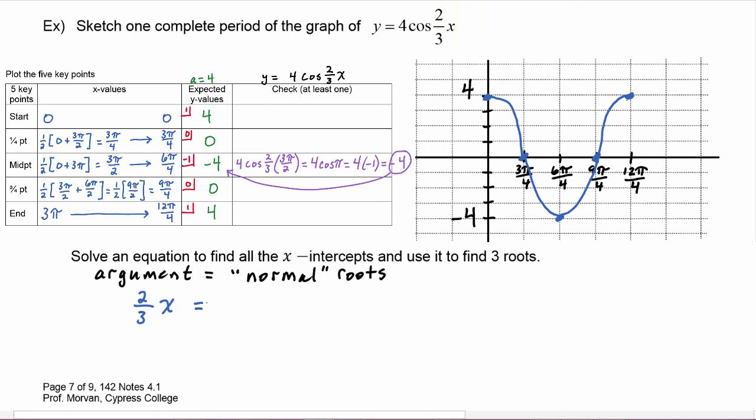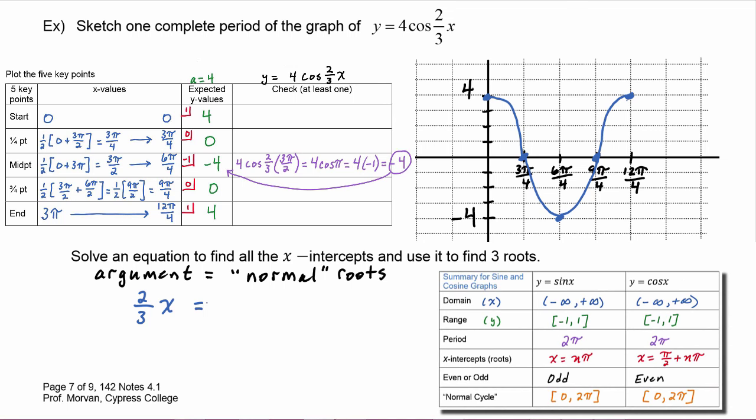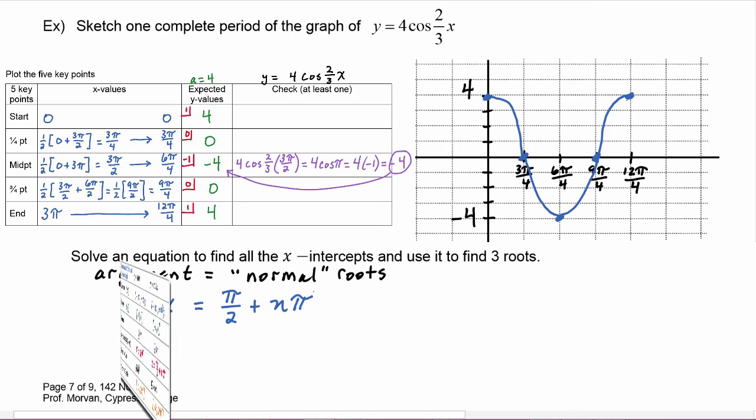And if you look back in your notes to where we made that summary chart for sine and cosine, you'll see that the roots for cosine normally occur at pi over 2 plus n pi. So the first thing we'll do is get a common denominator over here on the right hand side.